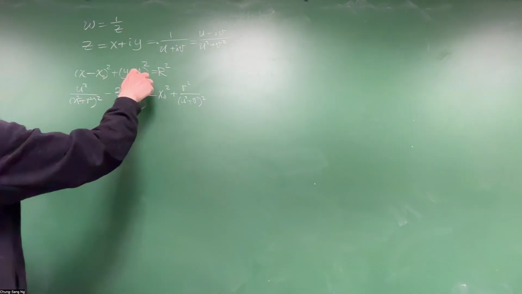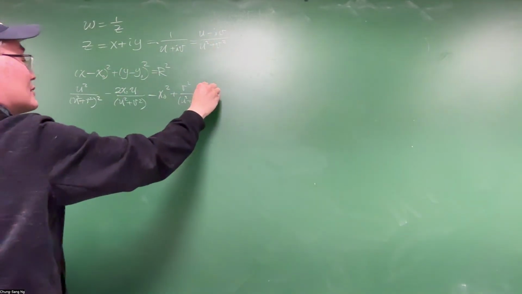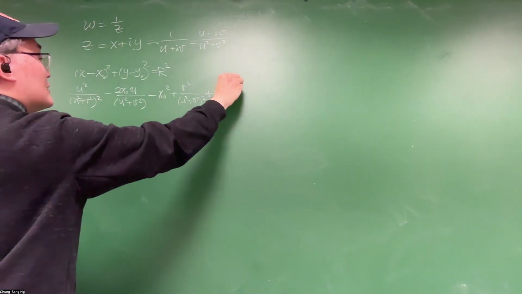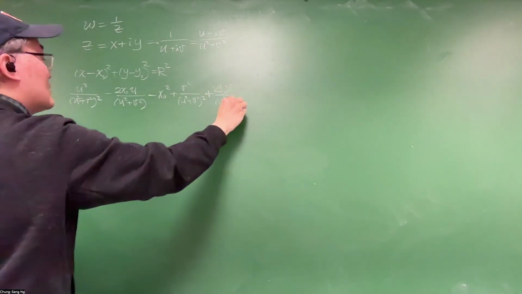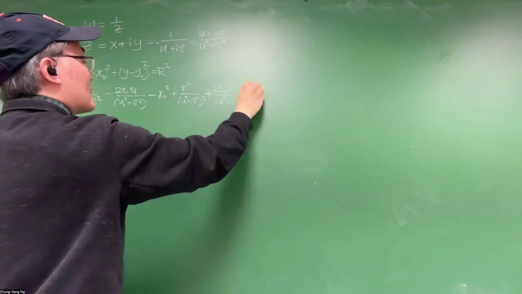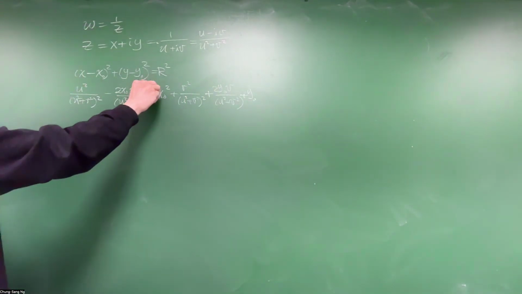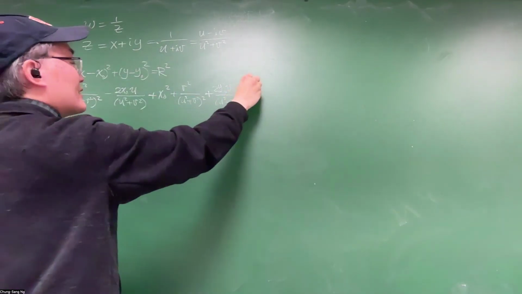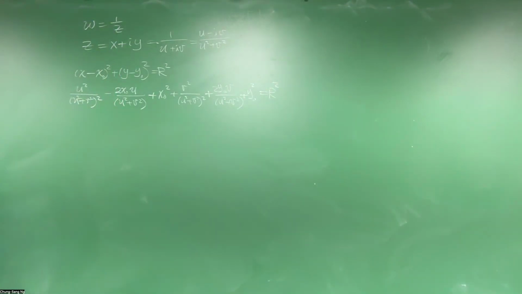And then minus 2y0, but there's a minus sign in here, so plus 2y0 times V over U squared plus V squared, plus the y0 squared term. I think this is also plus. So can you follow this?